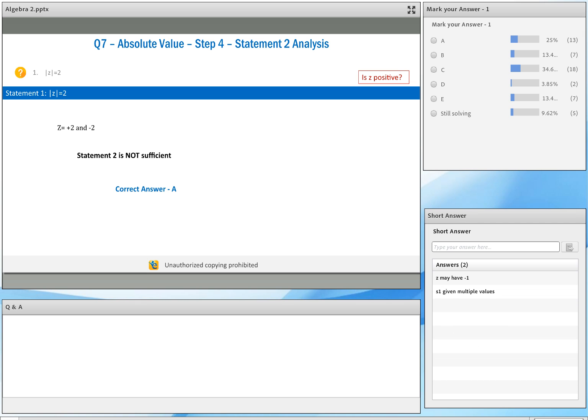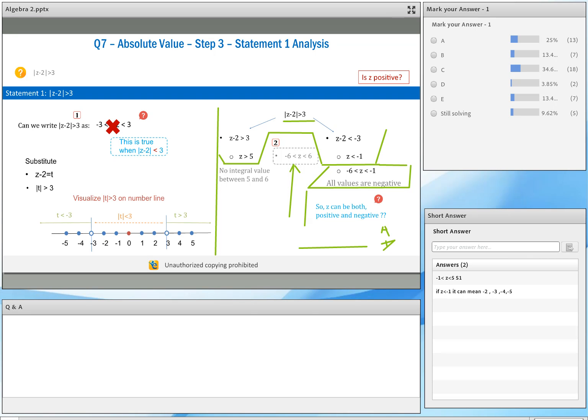Statement 1 has multiple values, yes, but then you also have to consider the values which the question statement brings in. Okay.